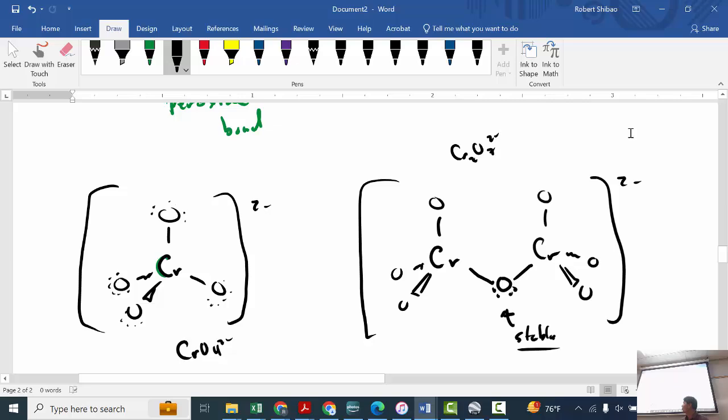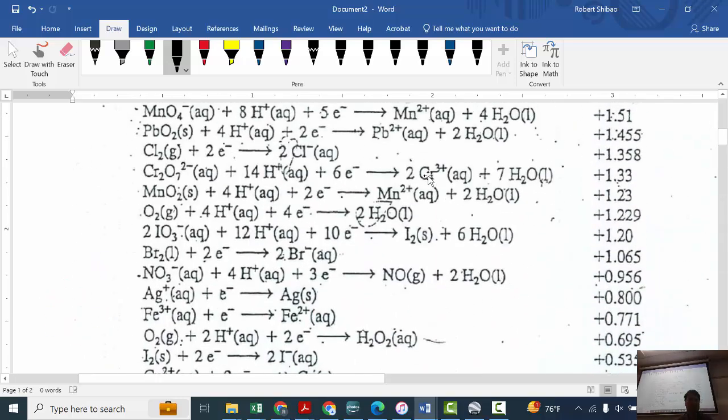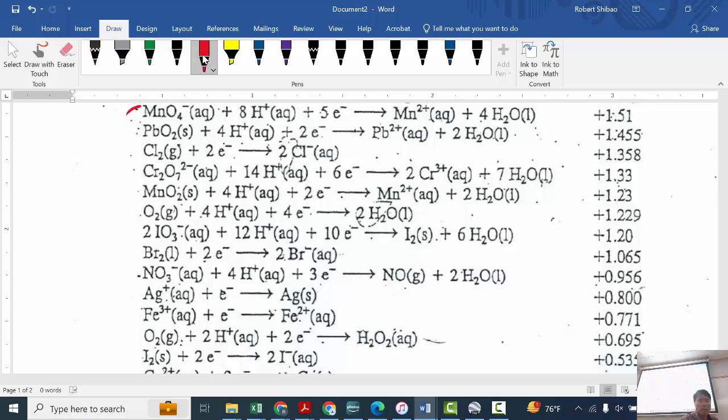Well, anyway, what's the oxidation state on chromium in dichromate? Manganese is +7.